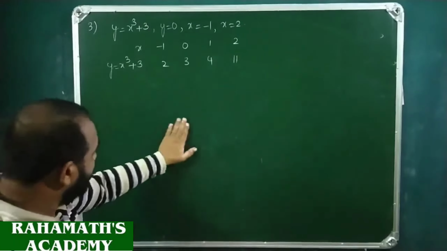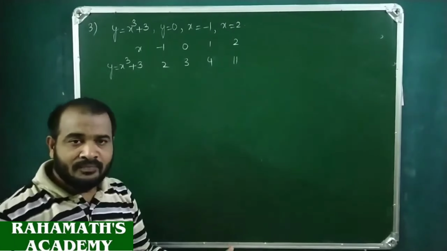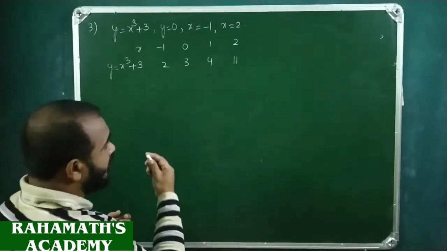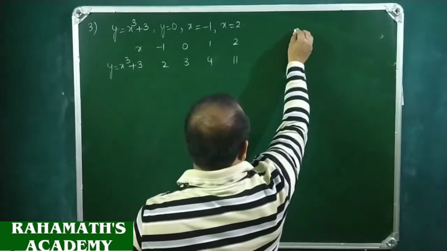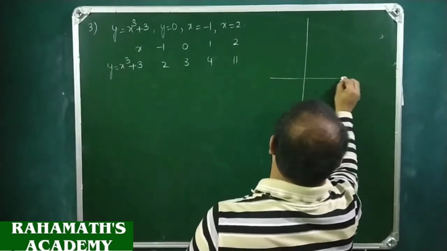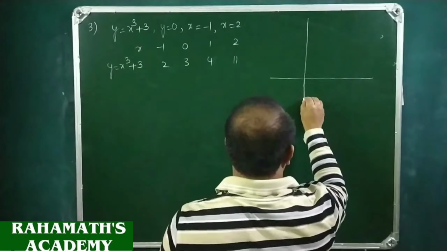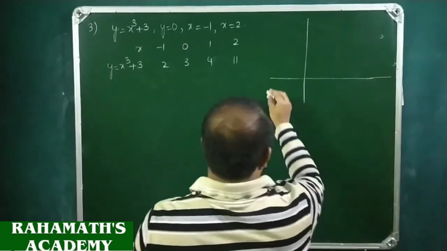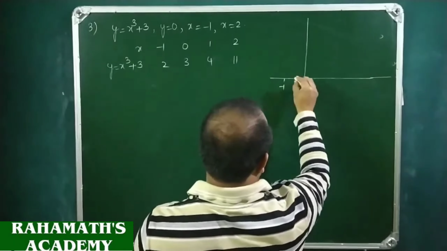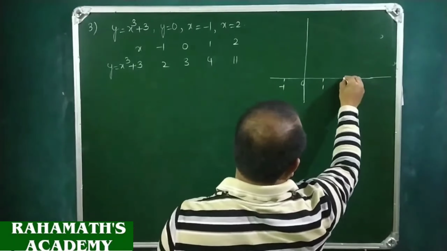So with this, actually we can plot the diagram of the area of the region bounded by the curve. So now I am plotting the curve. This is my coordinate axis, and here this is minus 1, this is 0, 1, this is 2.